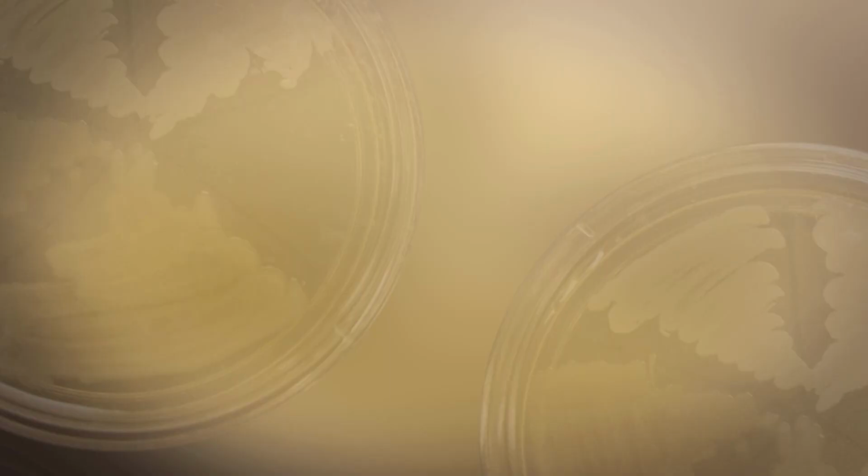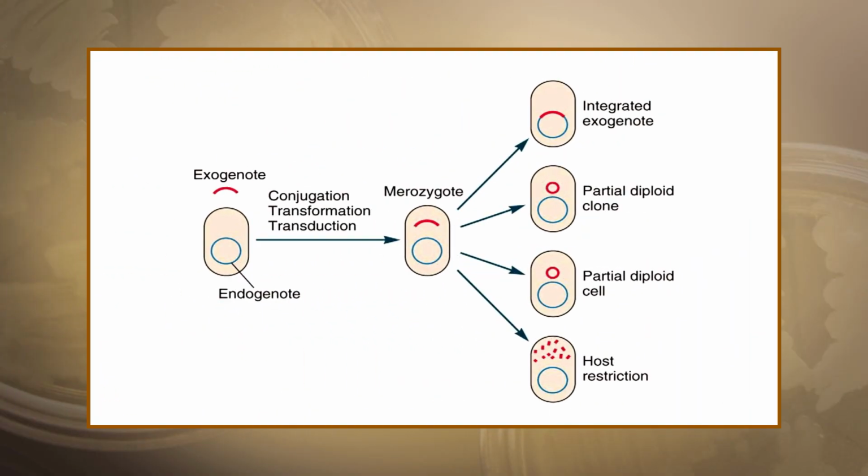Transfer of the F prime factor from a primary F prime cell in which it originated to a normal F minus cell results in a secondary F prime cell. In this cell, the segment of the bacterial chromosome is present twice, that is in the diploid state, resulting in the formation of partial diploids or merozygotes.